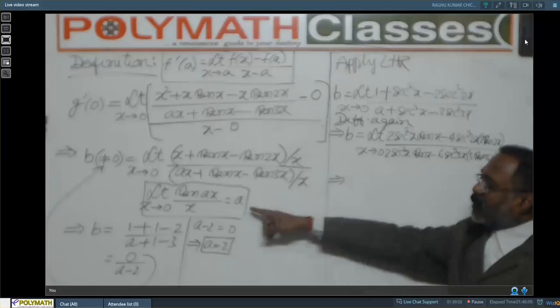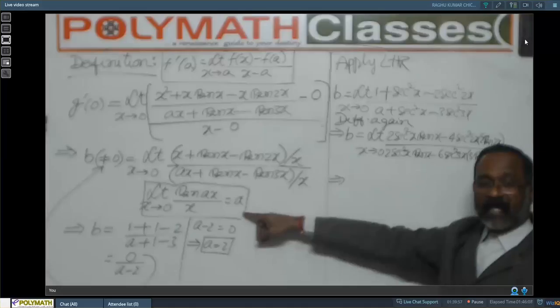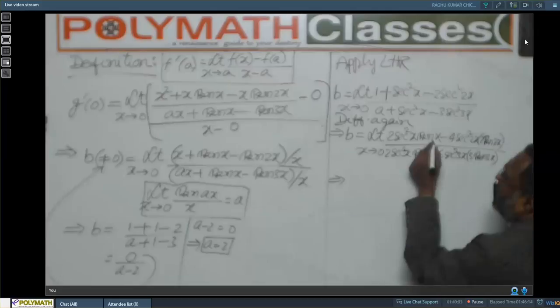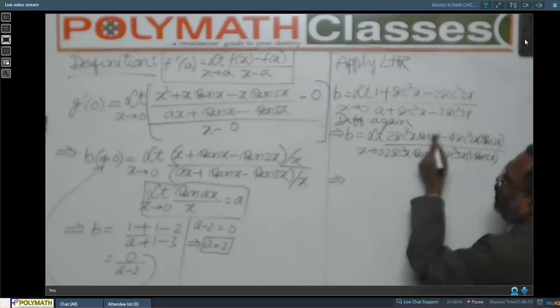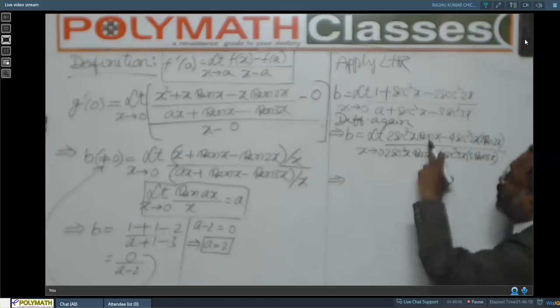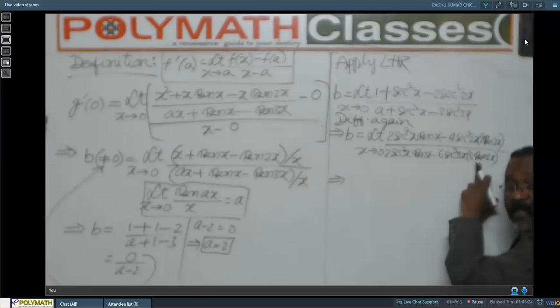Let us now apply the formula that the limit of tan ax by x as x tends to 0 is a. If you apply the same limit here, let us divide the numerator and denominator by x. Then tan x by x becomes 1, tan 2x by x becomes 2, and tan 3x by x becomes 3.